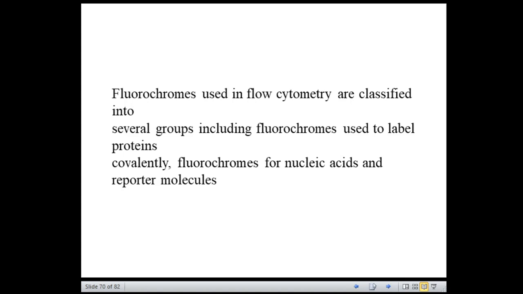The most widely used fluorochromes for labeling antibodies include FITC, phycoerythrin, abbreviated as PE, and allophycocyanin, abbreviated as APC. So PE refers to phycoerythrin and APC refers to allophycocyanin.